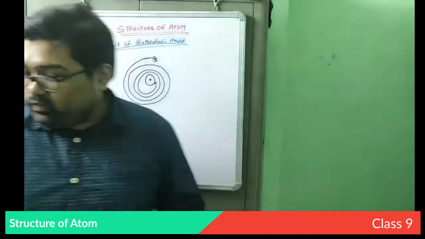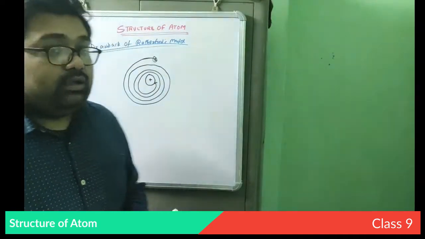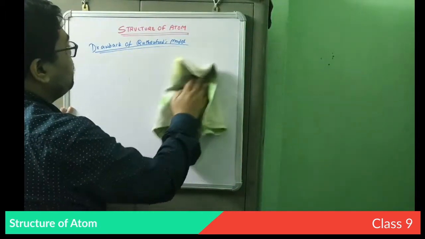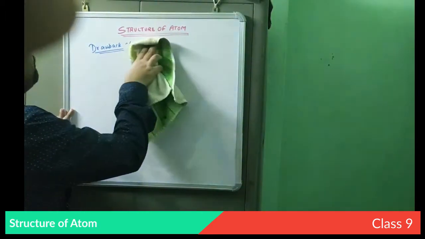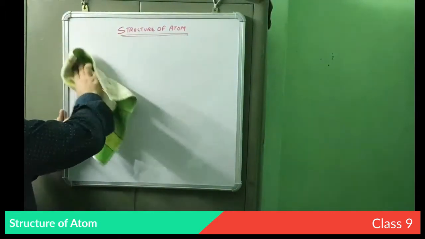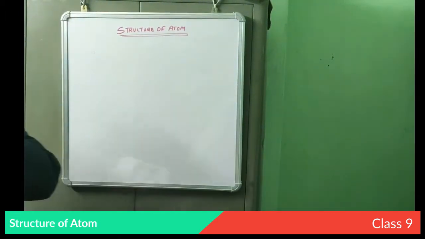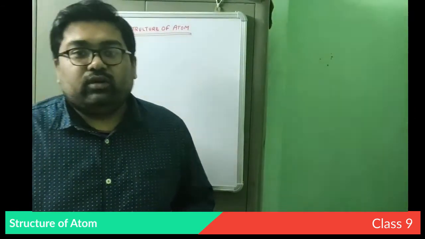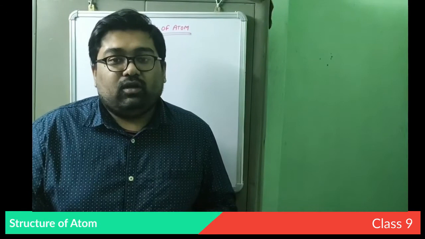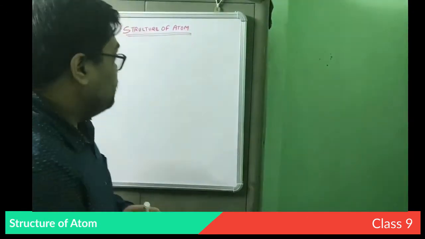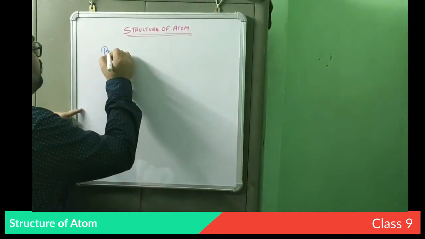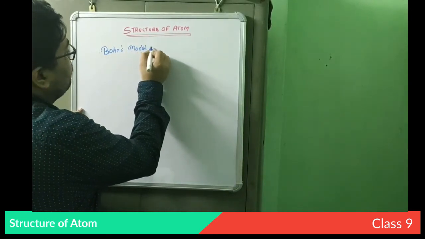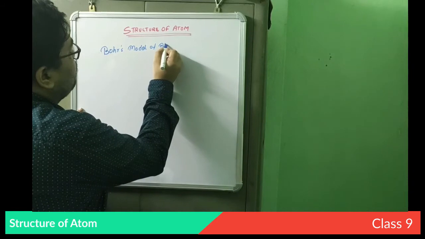So we will now discuss Bohr's model of the atom in order to understand the stability of the atom. Sir Niels Bohr explained the stability of the atom with his model, that is, Bohr's model of the atom.